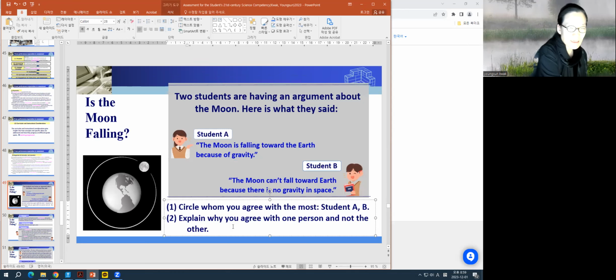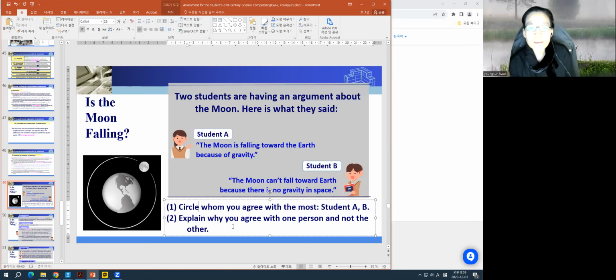Here is what they said. A girl says the moon is falling toward the earth because of gravity. And the boy says, no, the moon cannot fall toward the earth because there is no gravity in space. It's empty. The question is, circle whom you agree with the most, the boy or the girl.